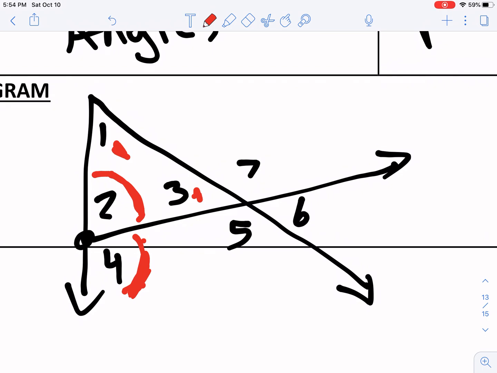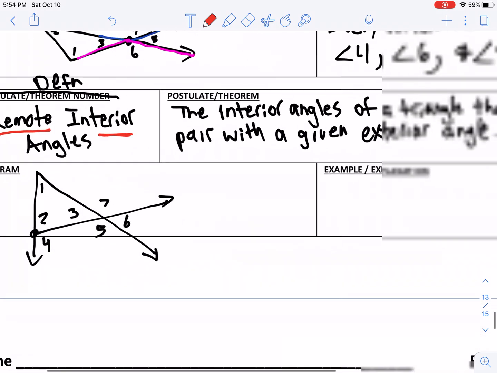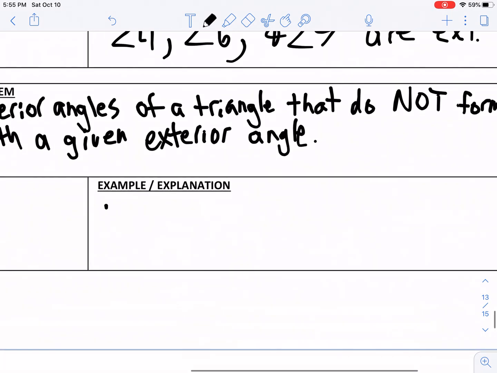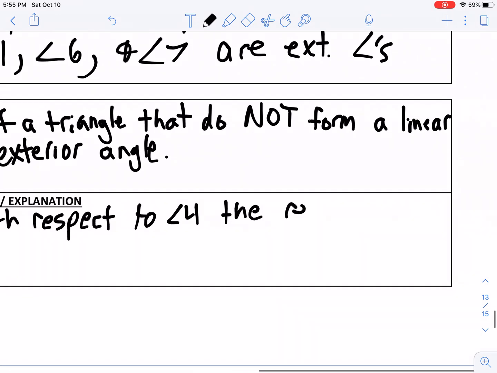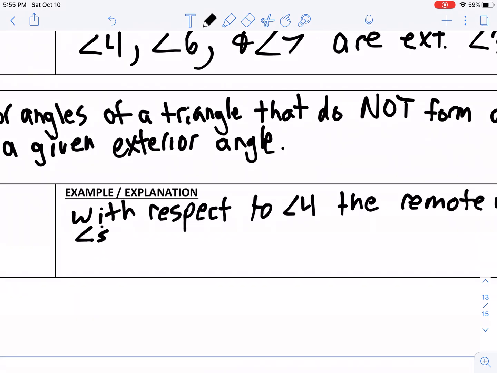Okay, so let's write that out so that we have this on our definitions here. Okay, so with respect to angle 4, okay, that just means if we're talking about angle 4, the remote interior angles are angle 1 and angle 3.